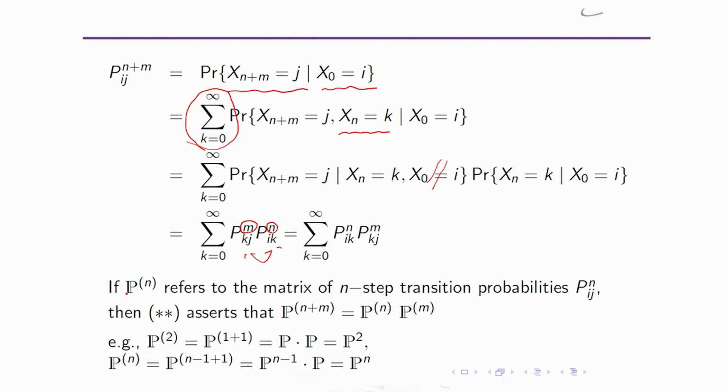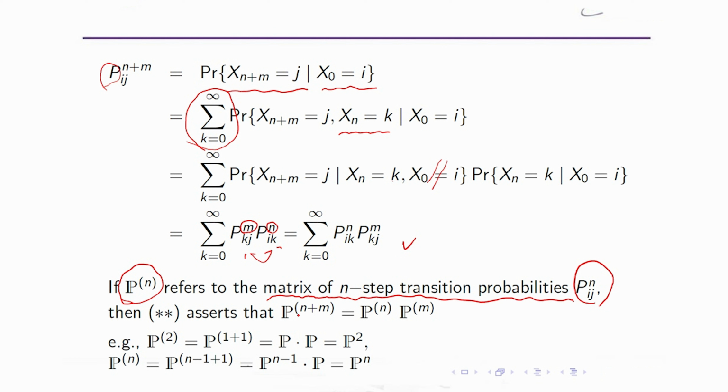Now, if we let P^(n), notice that this P is a little bit different from this P, right? It looks very different, because this P is used to represent a matrix, specifically the matrix of the n-step transition probabilities P_ij^(n). So if we look at this equation, we know that this is simply the matrix multiplication equation, right?